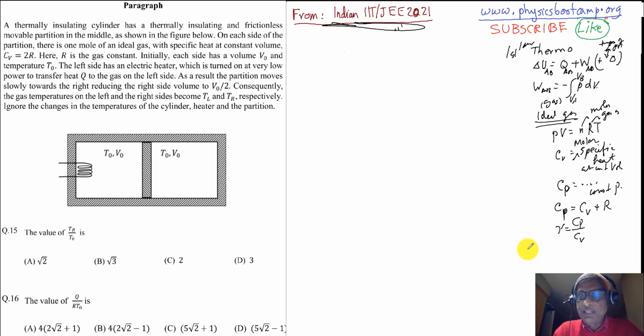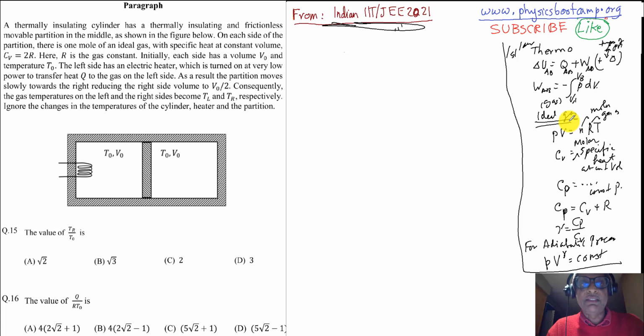You also need, for an adiabatic process, PV to the power gamma is constant on that process. So if you know all of these, this problem is very easy to do. It's got two compartments.